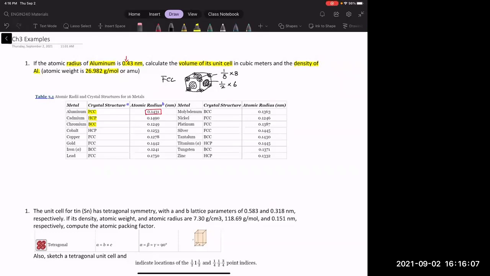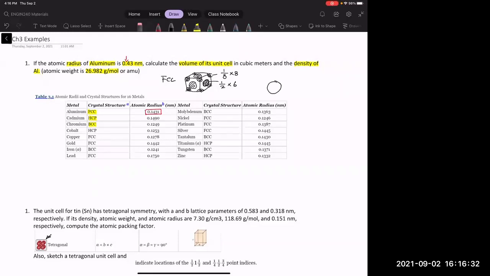So the FCC, if you look at the book, there's a drawing. This one is more like a simple cubic. You have an atom on top of another atom, and they line up vertically. In FCC, they don't line up like that. The atom on top is actually sitting in the dip of the 4 atoms.